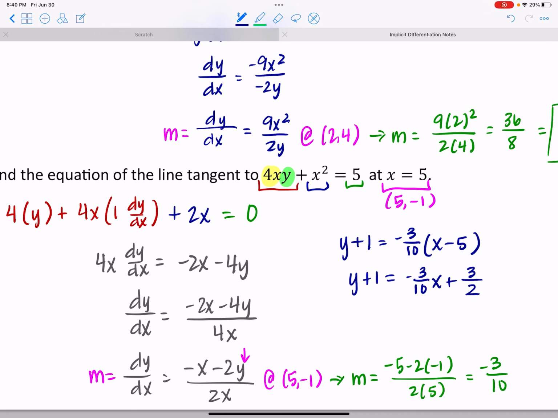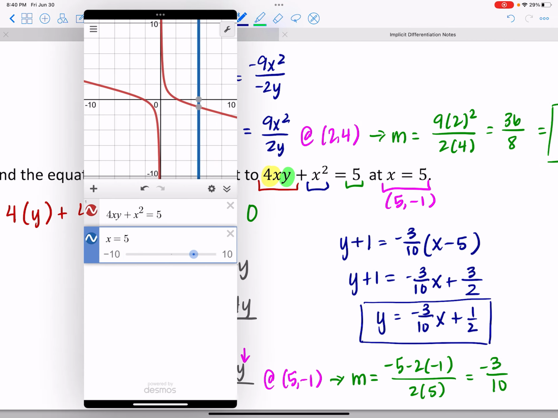And then subtract the 1 over. So y is going to equal negative 3/10 x, and if I subtract 1, which is 2 over 2, 3 over 2 minus 2 over 2 is going to leave me 1 over 2. So this should be the equation of the line that is tangent to this curve at the point 5, negative 1.